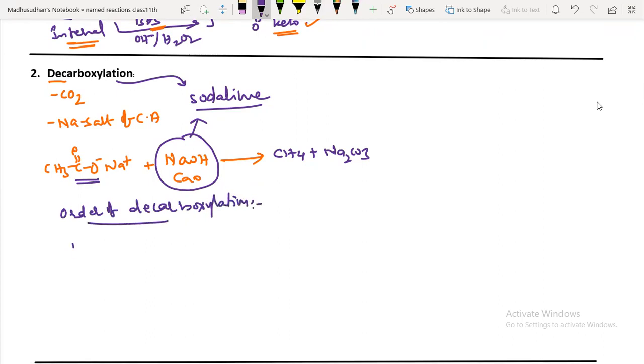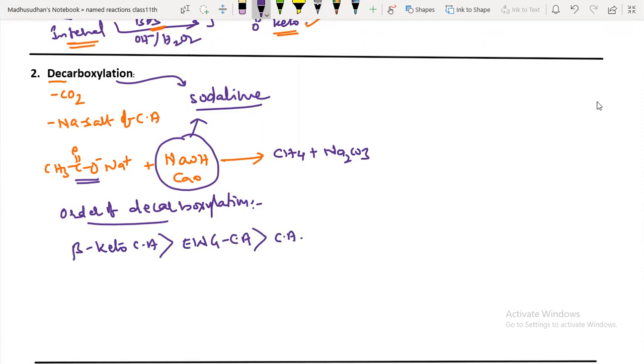The first one, beta keto carboxylic acids, readily undergo decarboxylation. Then electron withdrawing group attached carboxylic acids will undergo decarboxylation. After that, normal carboxylic acids.